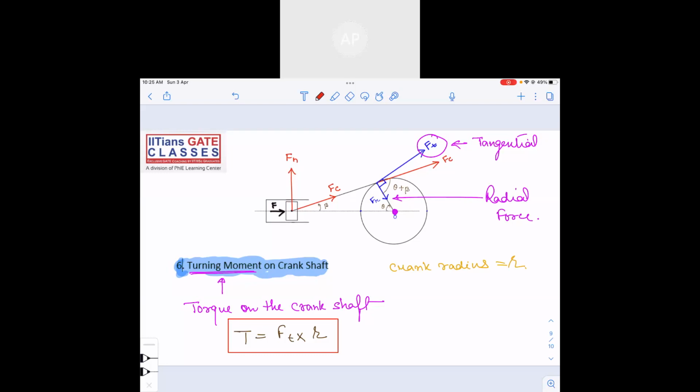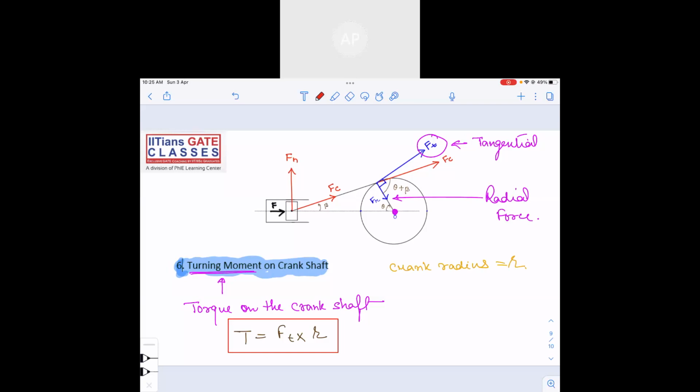This is the torque which will actually drive your wheels, because whatever torque is put on the crankshaft will get transmitted to the wheel. It is not the piston effort that is getting transmitted. It is not the force on the connecting rod that is transmitted. It is not even the Ft.